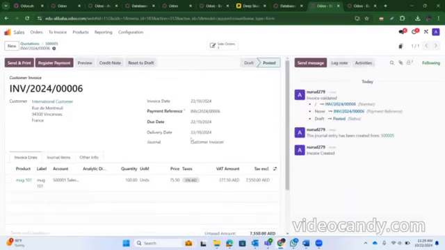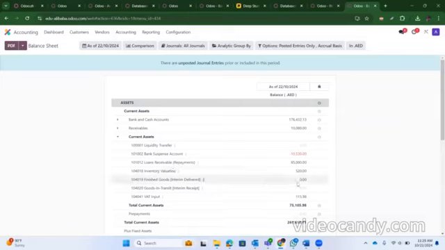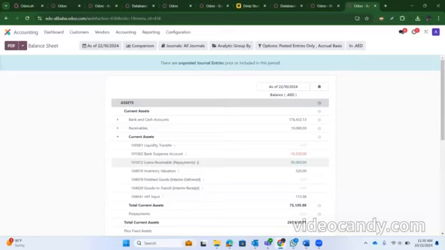And then we confirm this invoice, refresh the balance sheet, and we can see that the valuation account is still maintained at 520, meaning we have taken the initial update of 225 out of it. The goods interim delivered account is now zero. What it simply means is that our receivables account has been updated in the name of the customer.